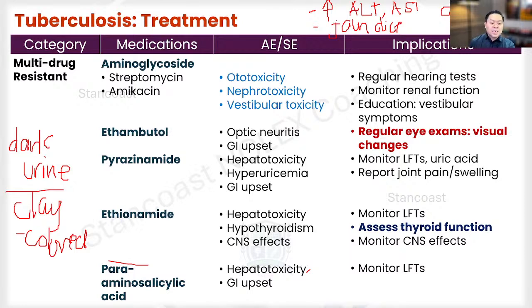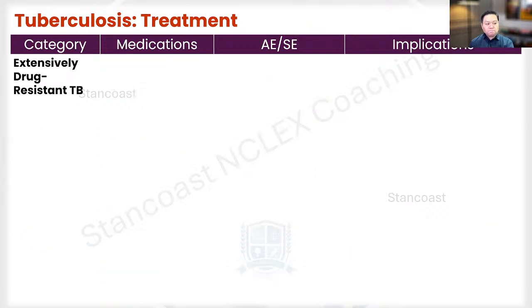Okay. Now we're going to talk about the extensively drug-resistant TB. So this is another type of the resistant kind, but this is what we now refer to as the extensively drug-resistant, or the XDTB. Kind of weird, huh? Have you heard of this?